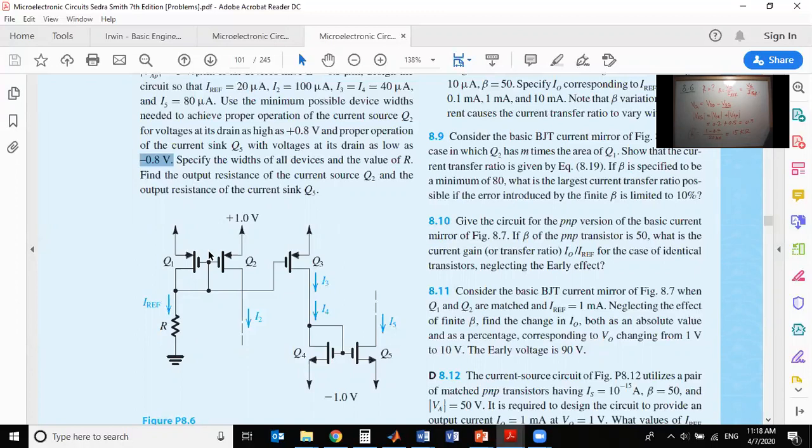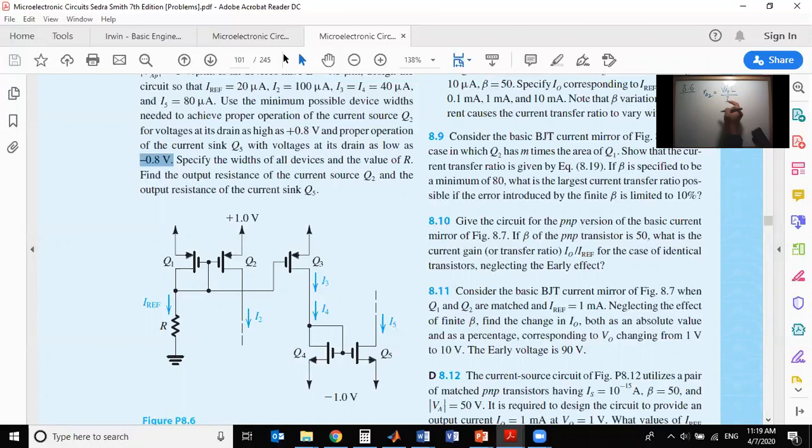Now, can we find the last part, which is RO2 and RO5? RO2 is for the P, so we need to multiply VA prime P times L, which is the same, divided by I reference.